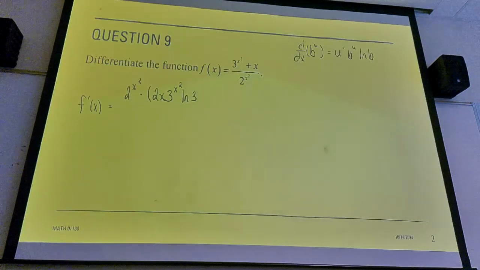What's the rest of the derivative? Plus 1. Minus. Now the derivative of the denominator, how are you going to do it?